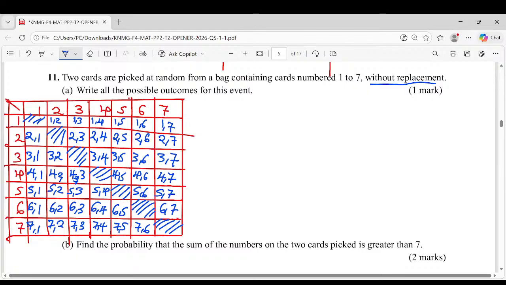So let us list the possible outcomes. How are we going to put our answers?